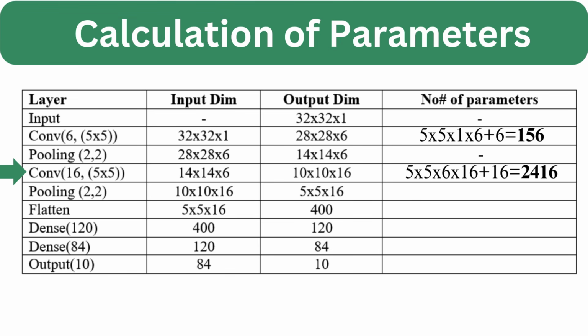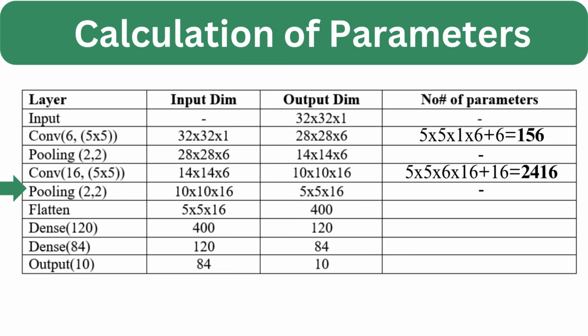Now let's put these things in the formula. 5 cross 5 cross 6, because the input depth is 6, cross the number of filters, that is 16, plus 16. So there will be 16 biases. So we'll get 2416 trainable parameters for the second convolutional layer.